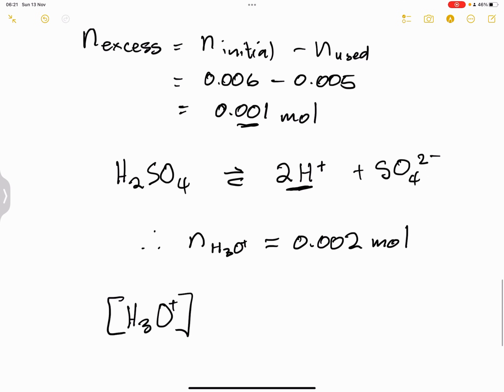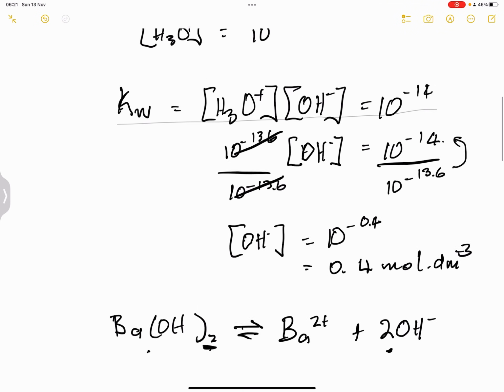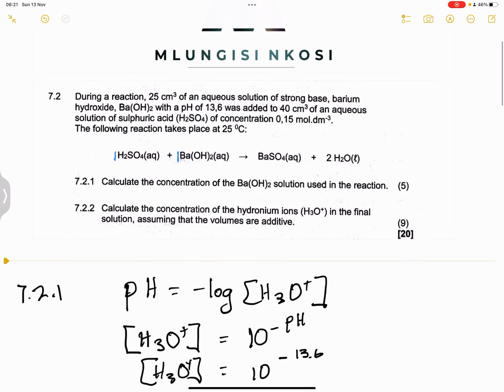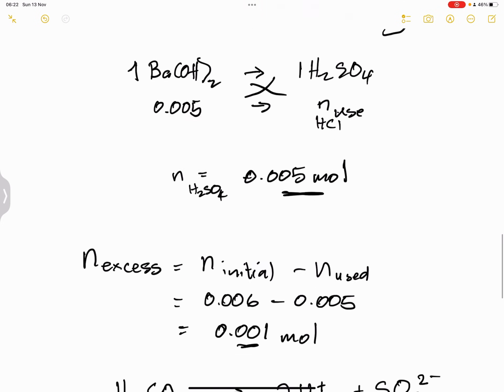So now I can find the concentration of my hydronium ions. That will be the number of moles divided by the volume. So that's 0.002 divided by the total volume. Remember that we added 25 cubic centimeters to 40 cubic centimeters of the acid, so the total volume is 65 cubic centimeters.